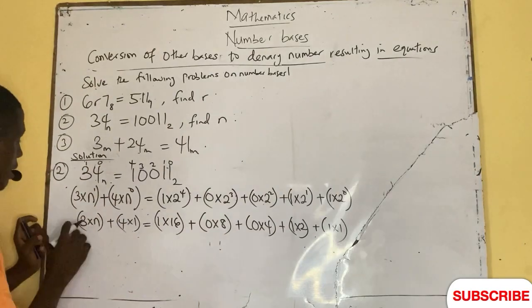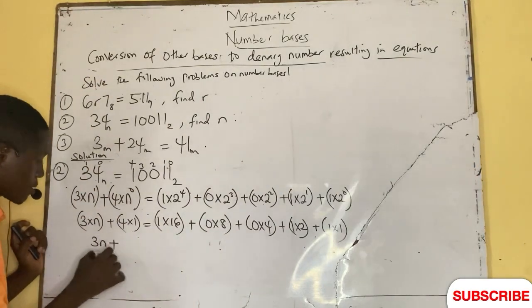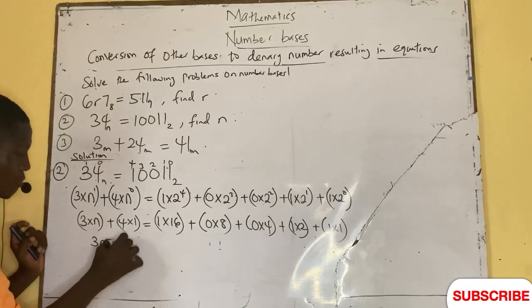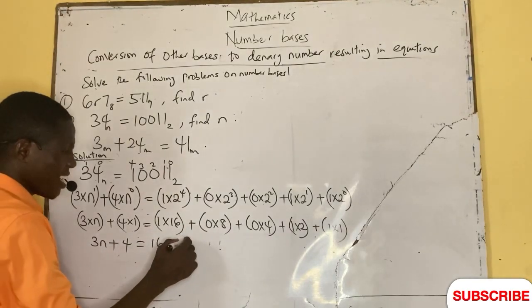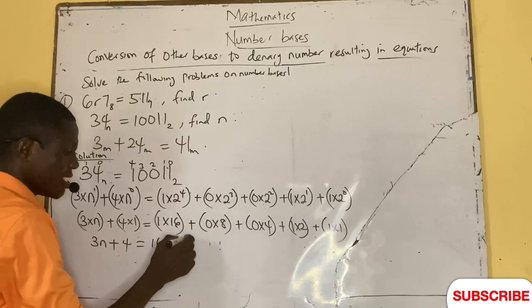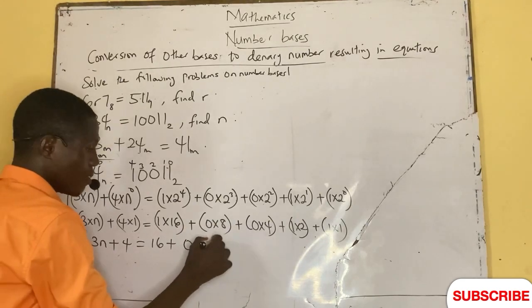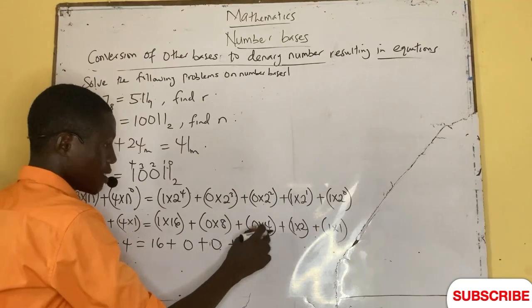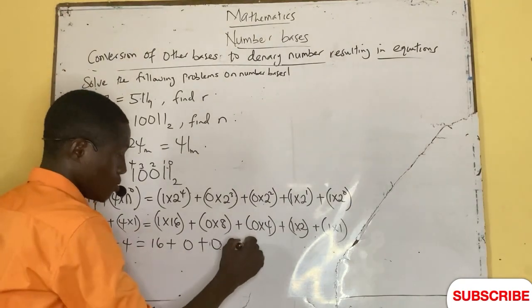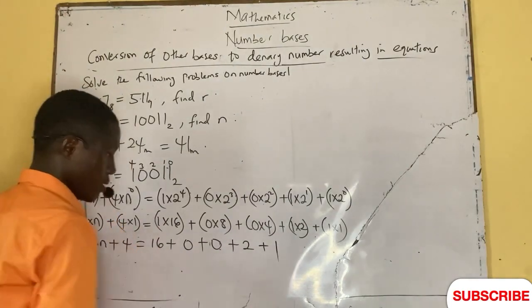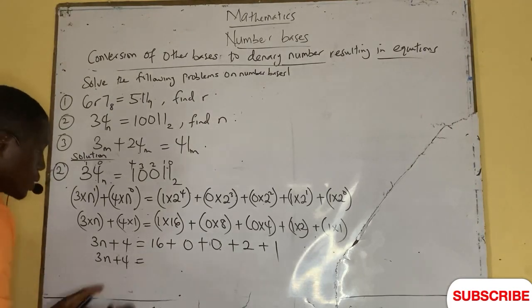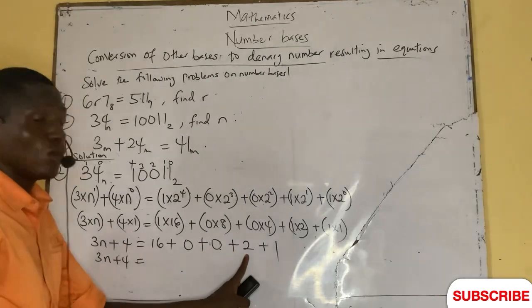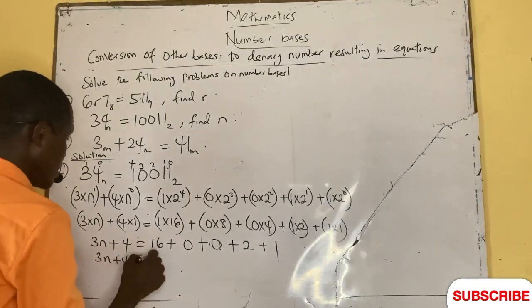So we have 3n plus 4 equal to 16 plus 0 plus 0 plus 2 plus 1. We have 3n plus 4 equal to 16 plus 2, 18 plus 1, we have 19.